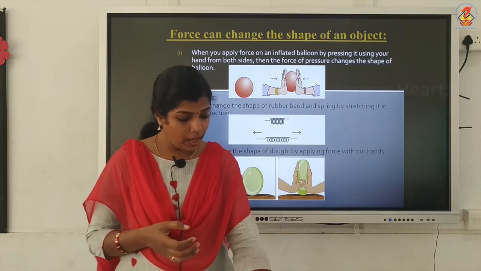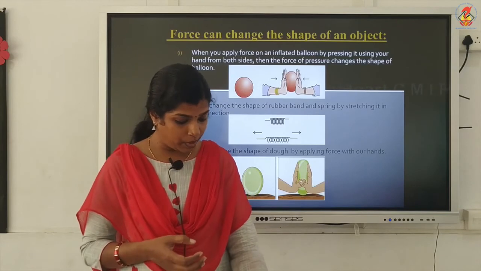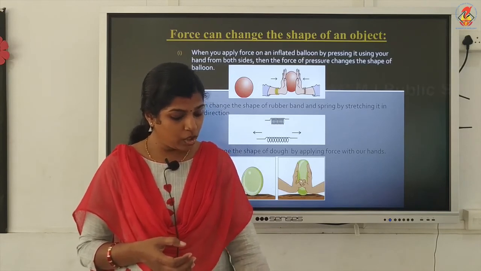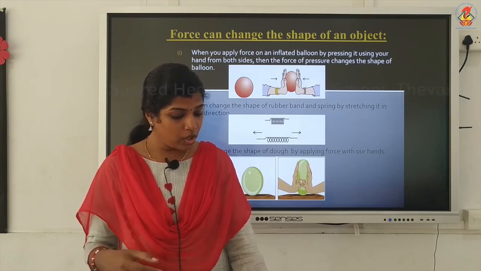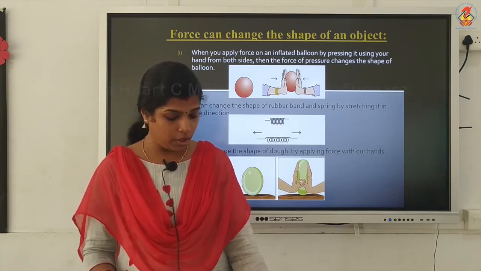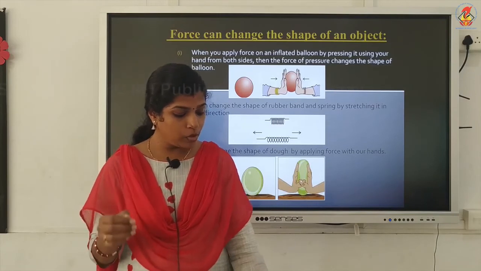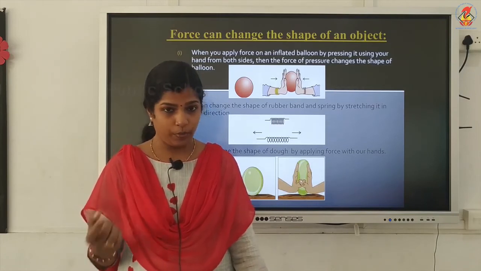Force may make an object move from rest, make a change in the speed of an object if it is moving, may change the direction of motion of an object, may bring about a change in the shape of an object.